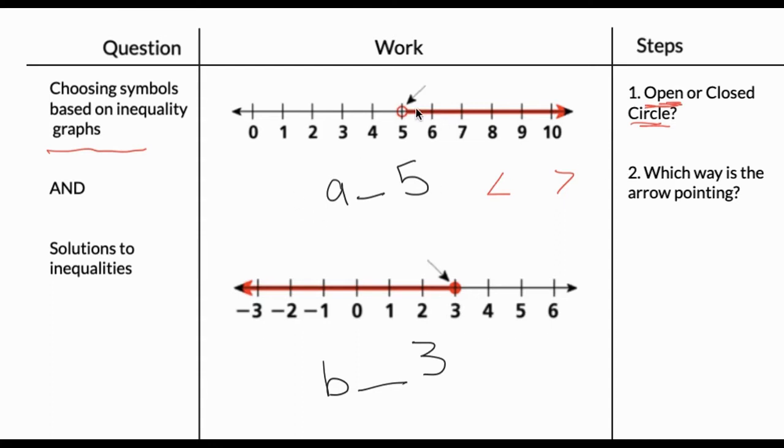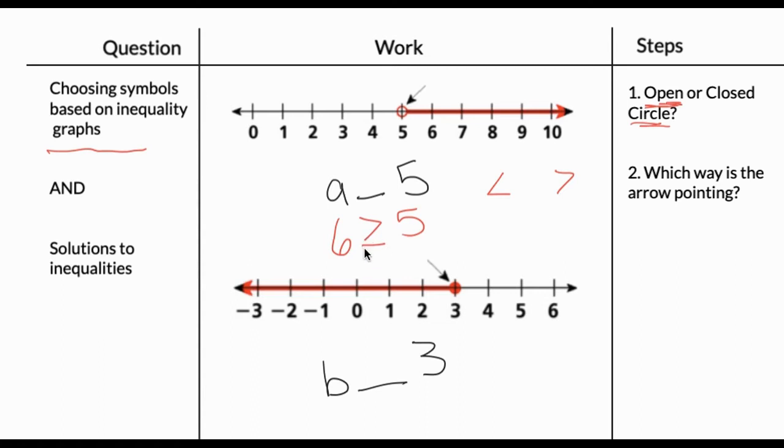Now remember, all of these values here that this line is on are possible solutions to the inequality, meaning A could be 6. So if we were to have this right here, then which one of these makes the inequality true? Well, 6 is not less than 5, it is greater than 5.